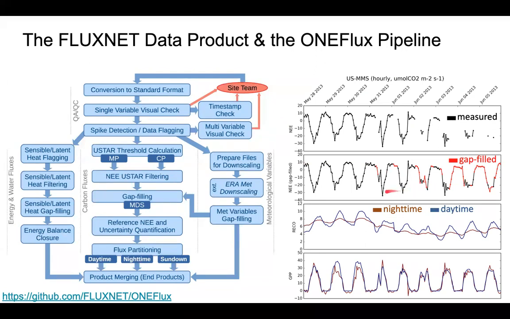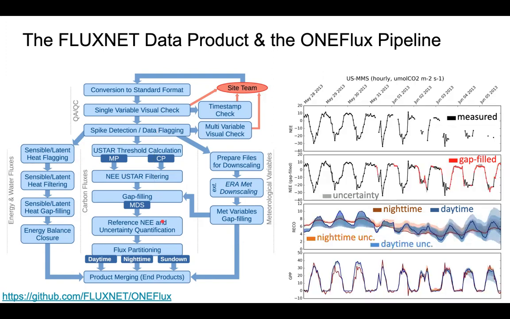And we do a partitioning of these carbon fluxes of net ecosystem exchange into ecosystem respiration and gross primary production. So those are part of this main line of processing in the pipeline here.